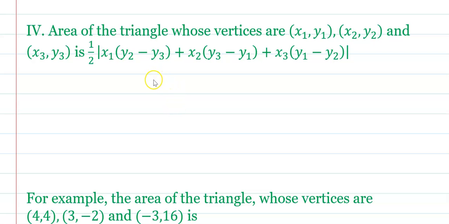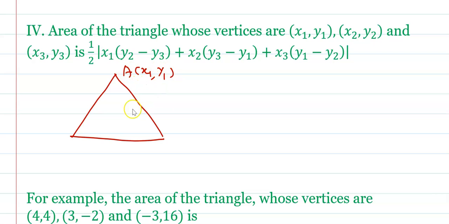With the help of coordinate geometry, we can find out the area of the triangle whose vertices are x1, y1, x2, y2 and x3, y3. Suppose the triangle is here like this. A is the point x1, y1.